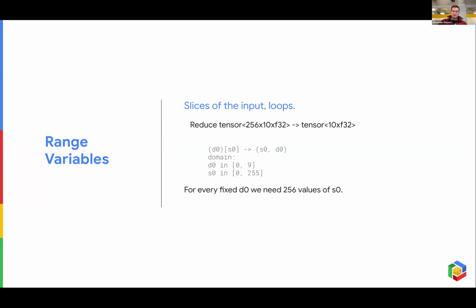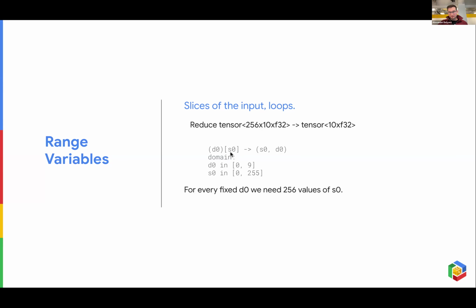Also, there are range variables. Sometimes if you want to compute one element of the output, you need to iterate over a slice or several elements of the input, for example, for reductions. If you want to compute one element of this reduction, you need to iterate over 256 elements of the input. That's why we are using symbols for that, just to distinguish between dimensions, which are just fixed elements of the output, and symbols, which are placeholders for induction variables that iterate over some reduction dimensions in this case.